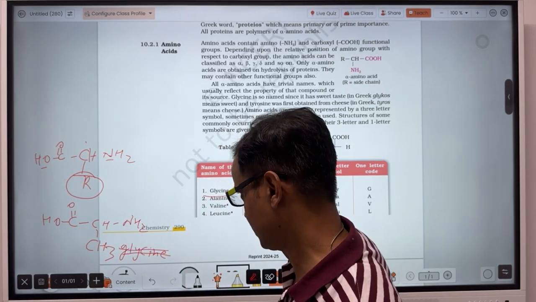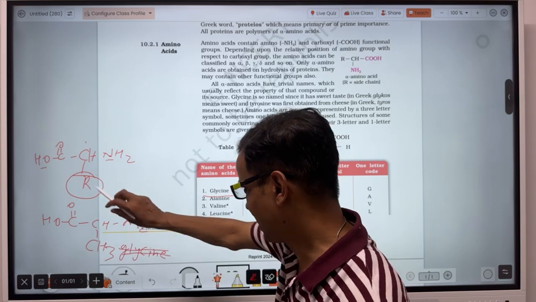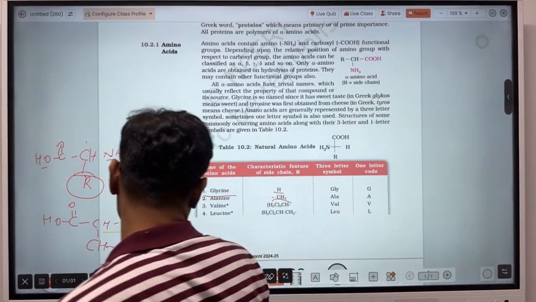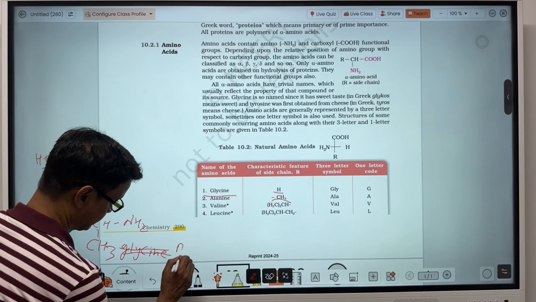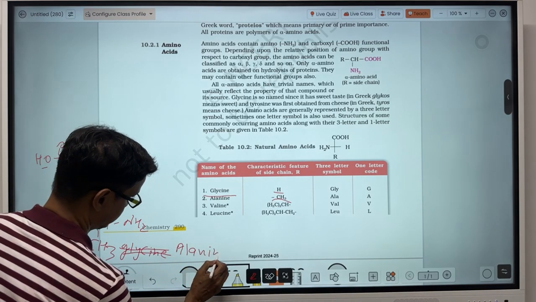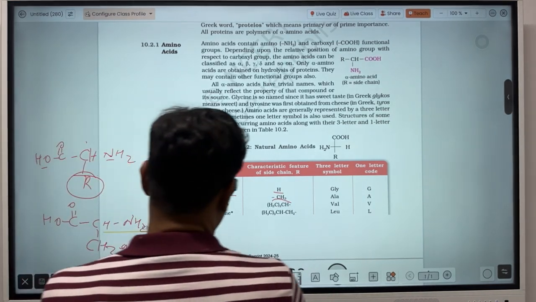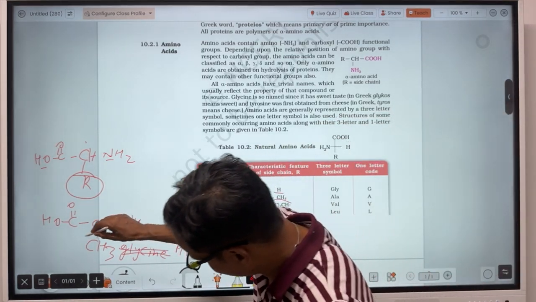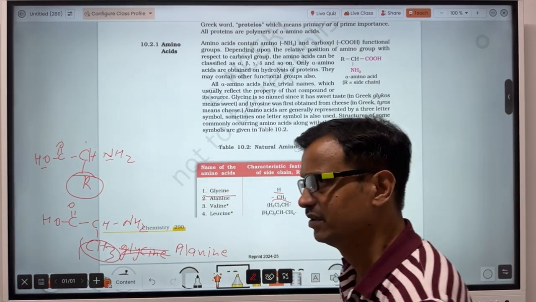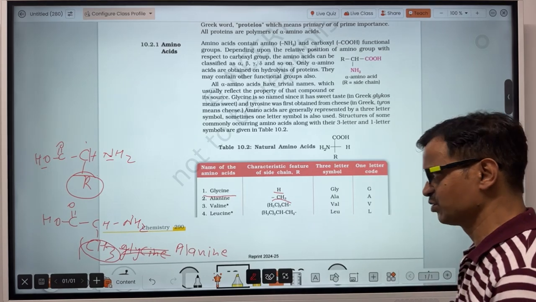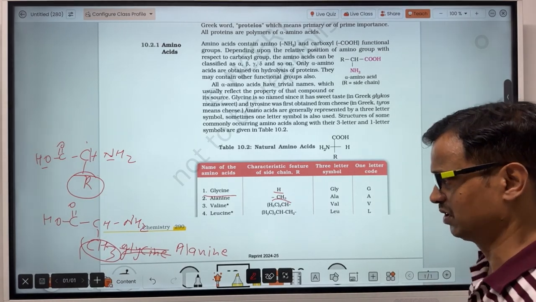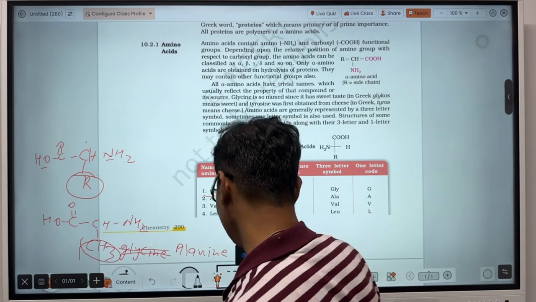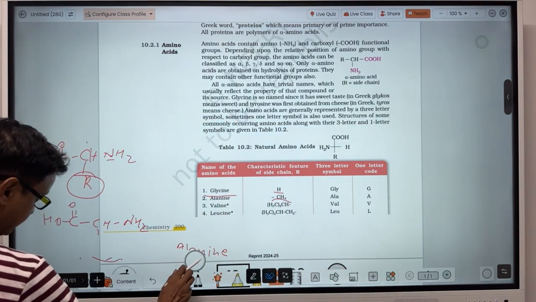If on the place of R there is a methyl group, that is alanine. Similarly, if there is an isopropyl group on the place of R, then that is called valine.